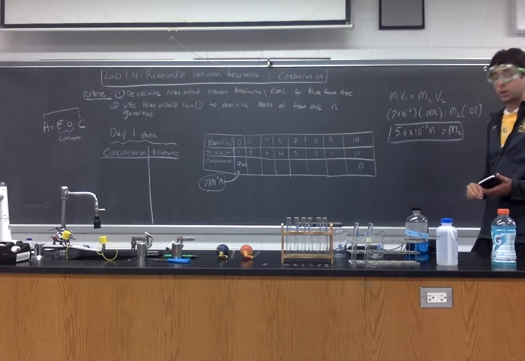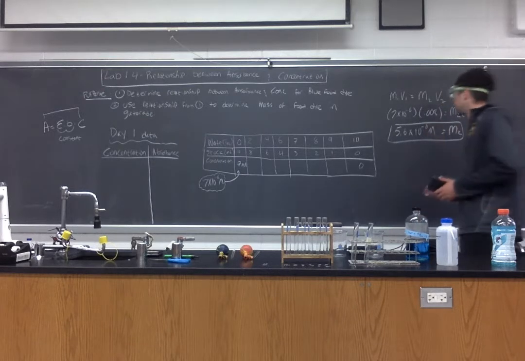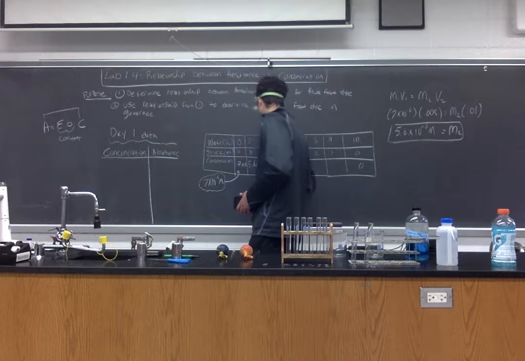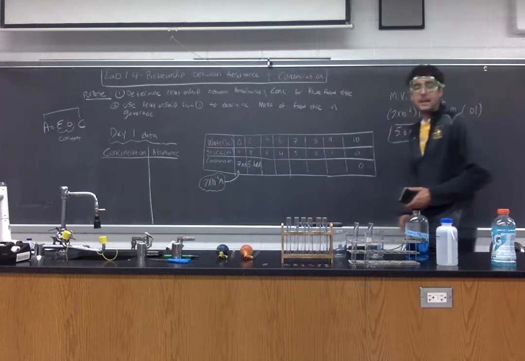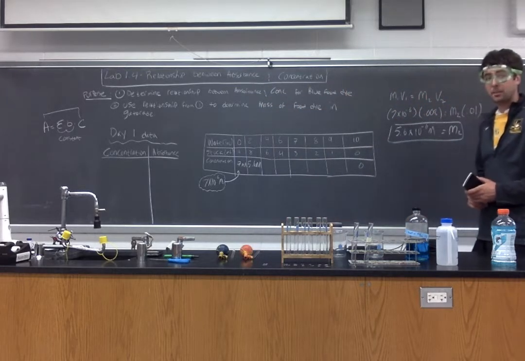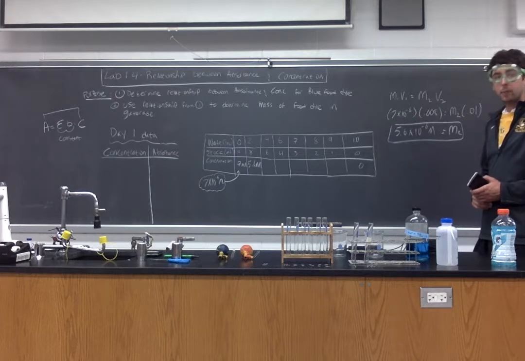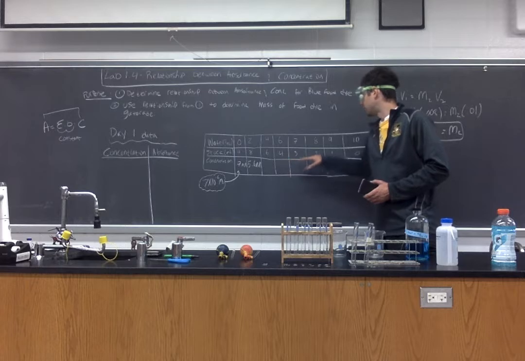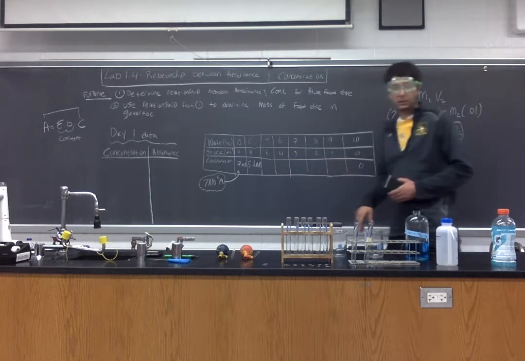We expected the concentration to go down, and it did. So what do we see here? This is 5.6 micromolar, or 5.6 times 10 to the negative 6th molar. Go ahead, pause the video, and see if you can figure out the remaining concentrations of our known solutions.